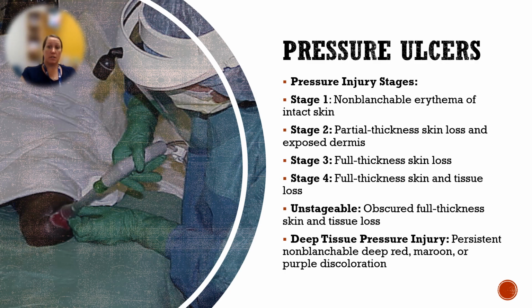Unstageable pressure injury is obscured full thickness skin and tissue loss, in which the extent of tissue damage within the ulcer cannot be confirmed because it is obscured by slough or eschar.